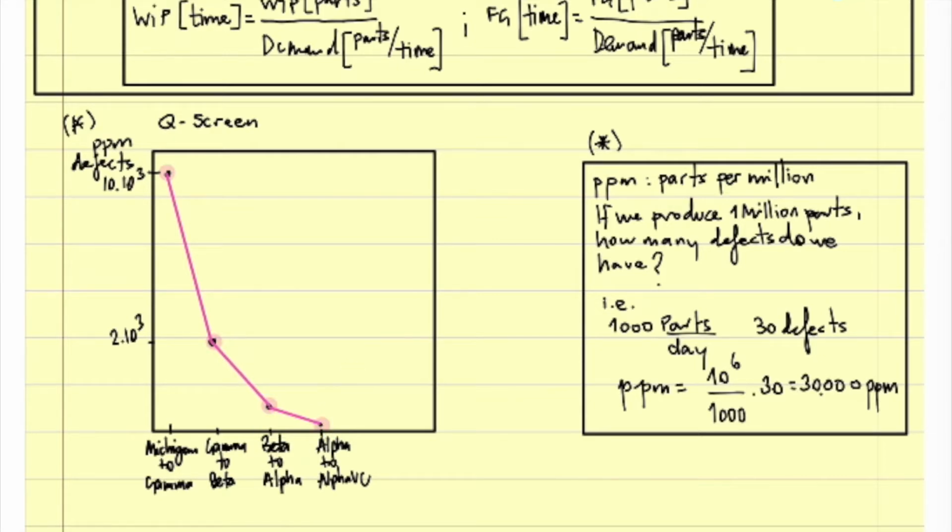What is this screen telling us? Okay, the important part of the whole exercise is the interpretation. You need to think like a manager. What is this telling us?